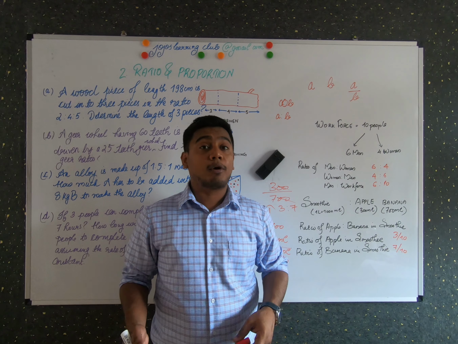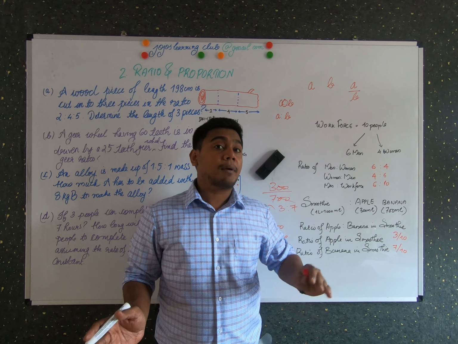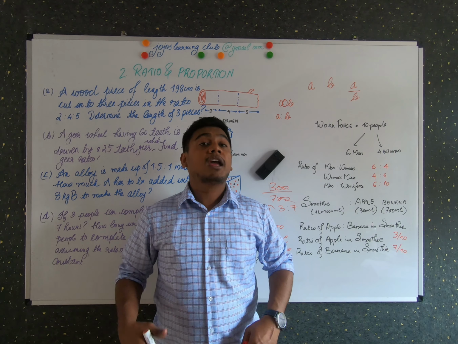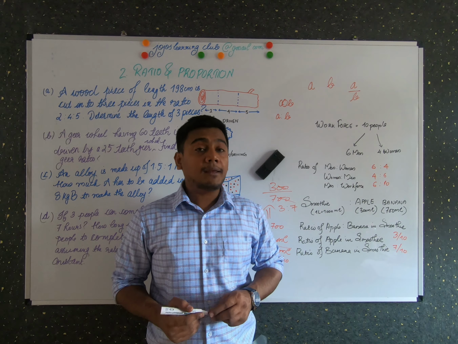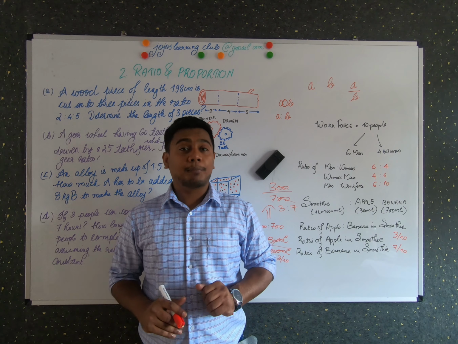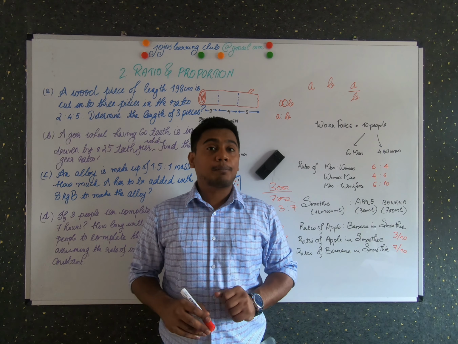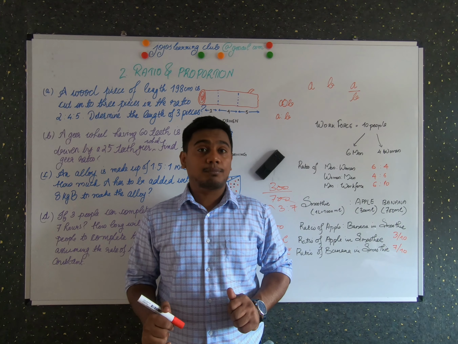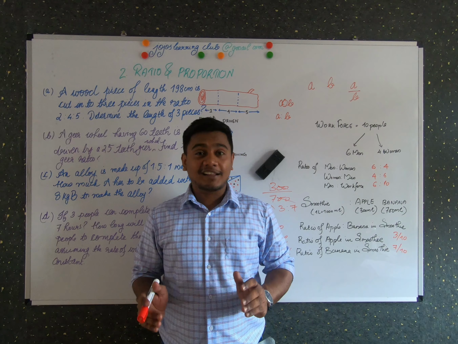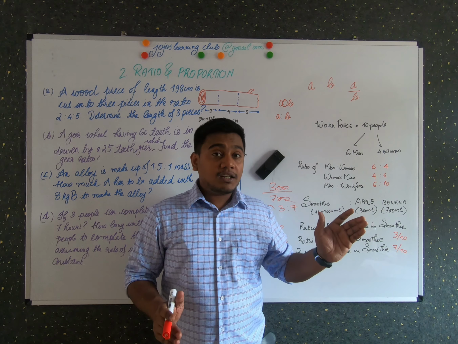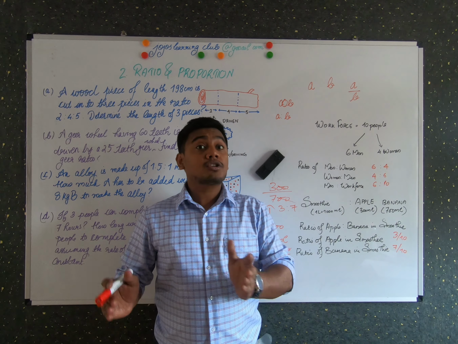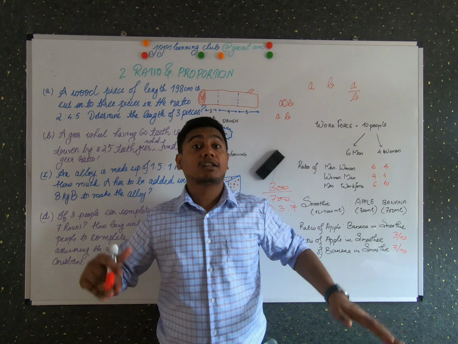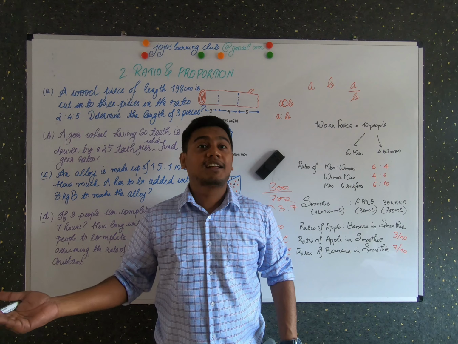Now let's also discuss proportions. I will not be going into much detail on proportions for now because I will be discussing them in more detail in other lectures. Just for the time being, I will give a small hint about proportions. There are two types of proportions: direct proportion and inverse proportion. Direct proportion is when a quantity is proportional to another quantity. When you increase that quantity, the other quantity also automatically increases.